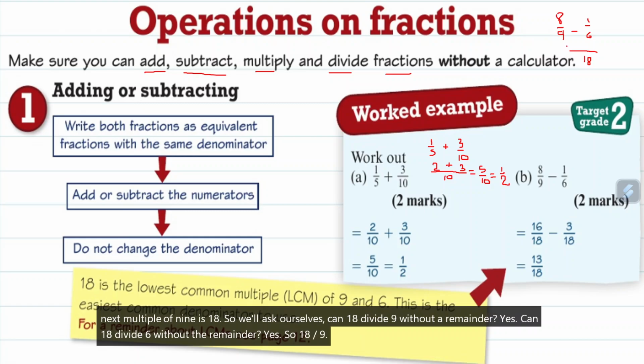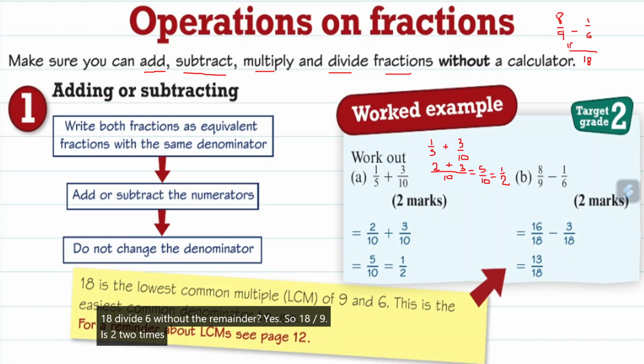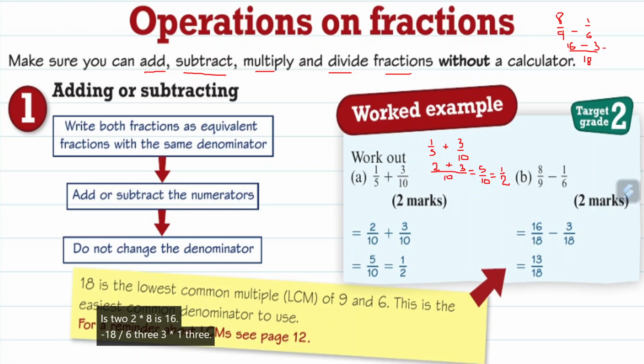So 18 divided by 9 is 2. 2 times 8 is 16, minus 18 divided by 6, 3. 3 times 1, 3. So 16 minus 3 will be 13 over 18.